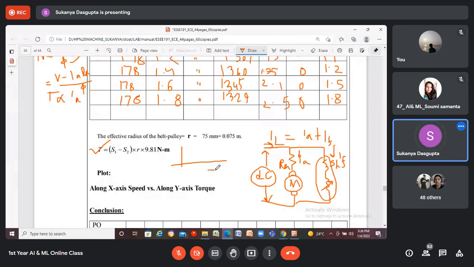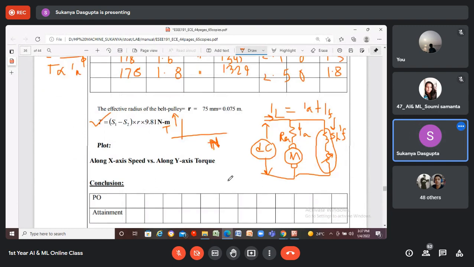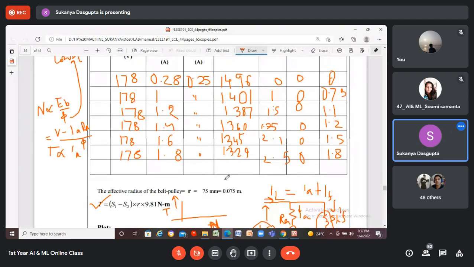And here you will draw the speed torque characteristic curve. Torque will be on the y-axis and speed will be on the x-axis. Capital N is the speed in RPM.